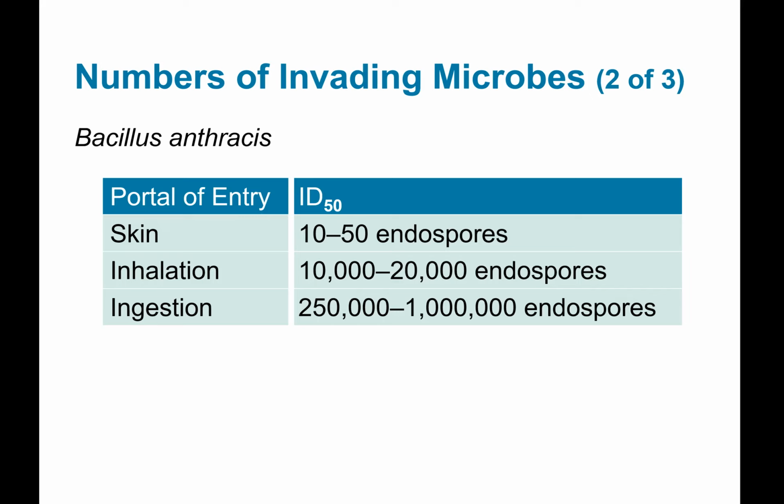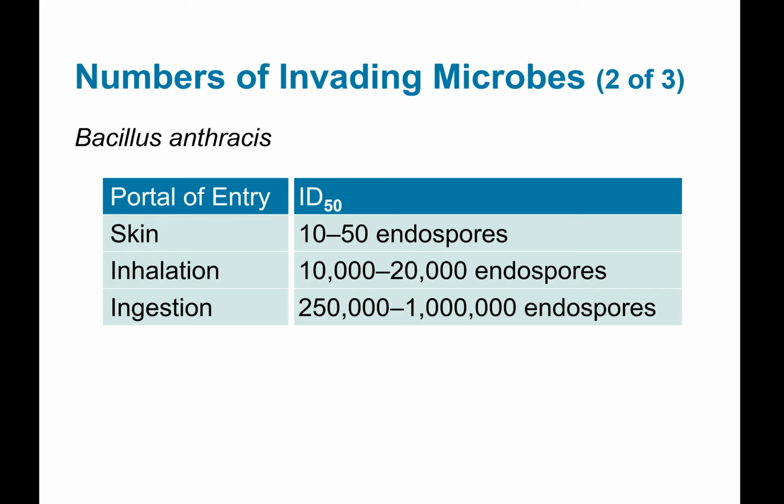But some pathogens do have multiple portals of entry, and Bacillus anthracis is one that does. And it's interesting because not only do you have these different portals of entry, but you have different ID50s depending on the portal of entry. If anthrax endospores go in through the skin, and again, this is unbroken skin, into your pores, sweat glands, hair follicles, it only takes 10 to 50 endospores.